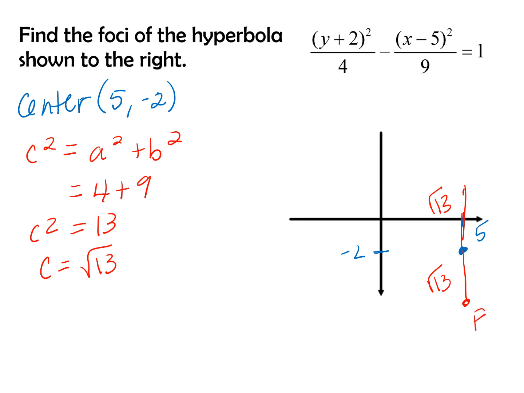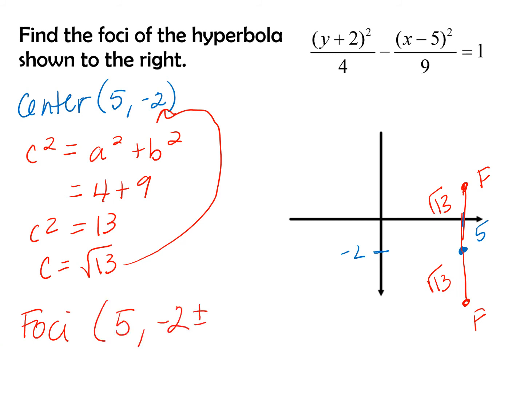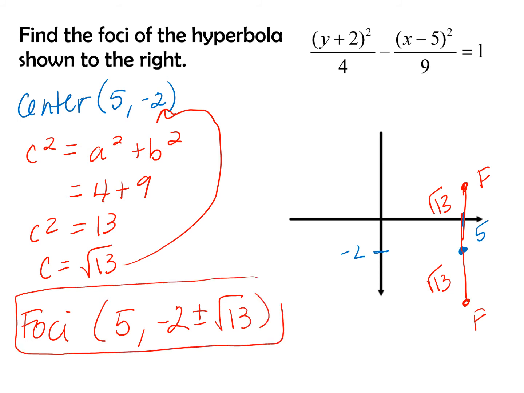And those will give me my foci. So again, this time it is going to affect the y-coordinate. And so for my foci, I'm going to have 5, -2, and then I'm just going to write plus or minus square root of 13. Feel free to write it separately, but it's not required.